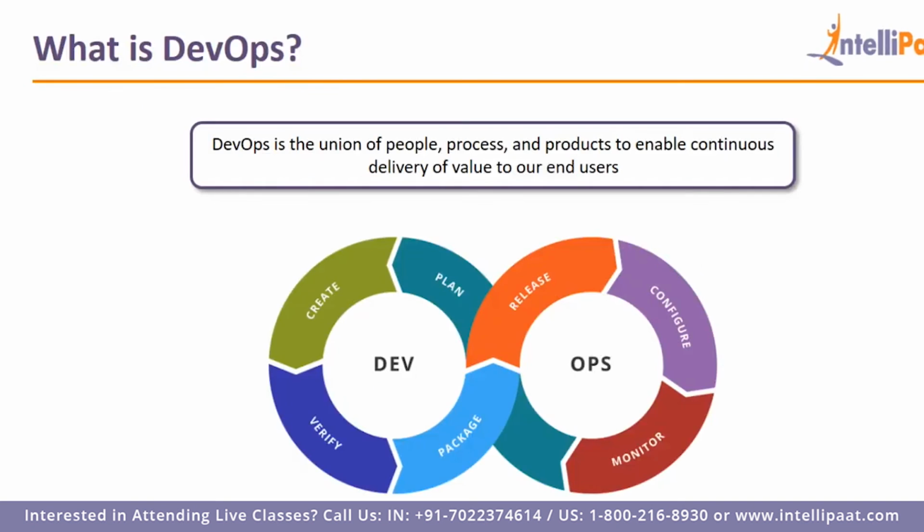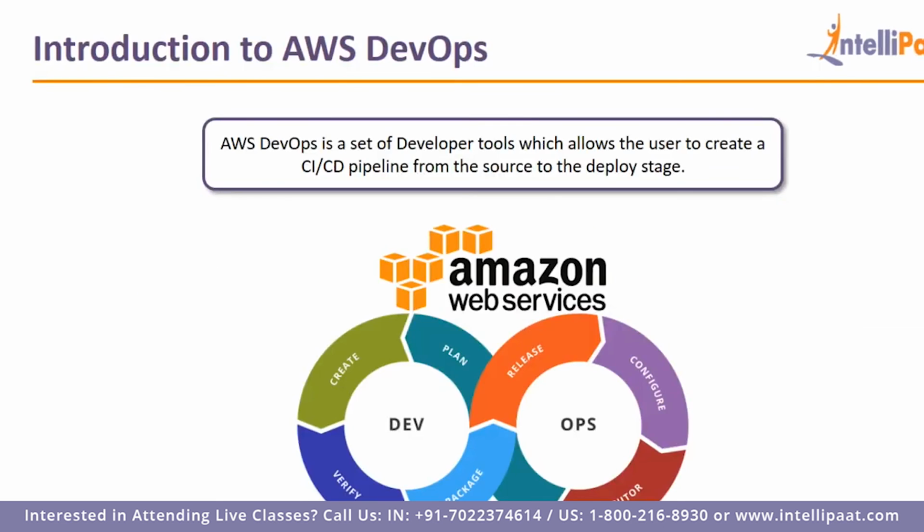And then what is DevOps? DevOps is a methodology. It is a union of people, process, and products to enable continuous delivery of value to our end users. So it is basically providing value continuously to our end users without increasing the downtime and also increasing the deployment speeds. Then an introduction to AWS DevOps.